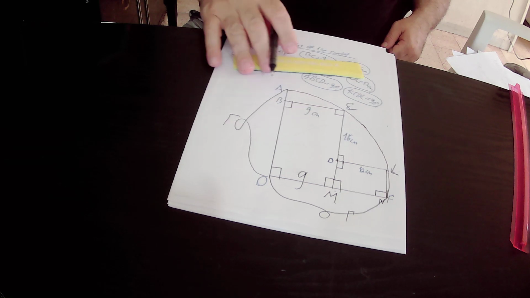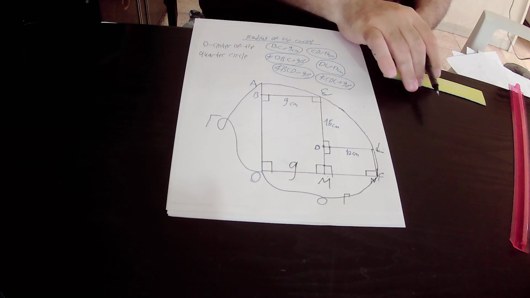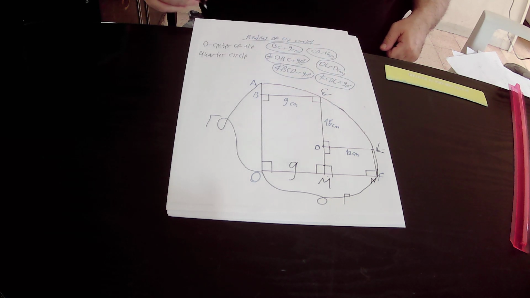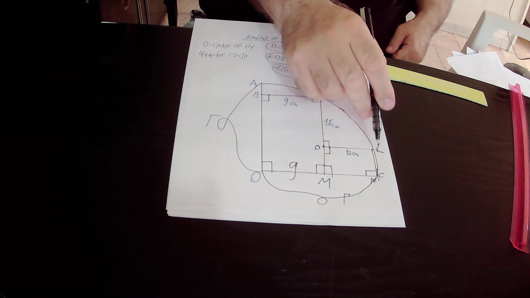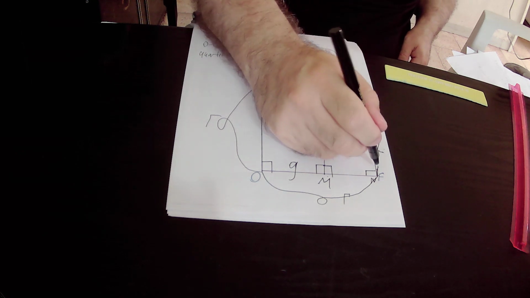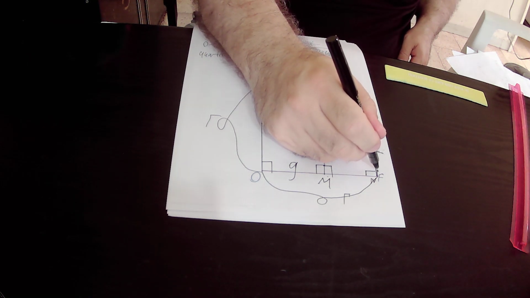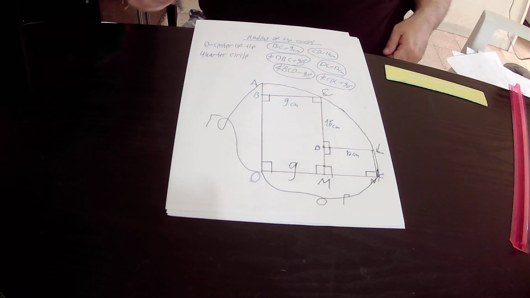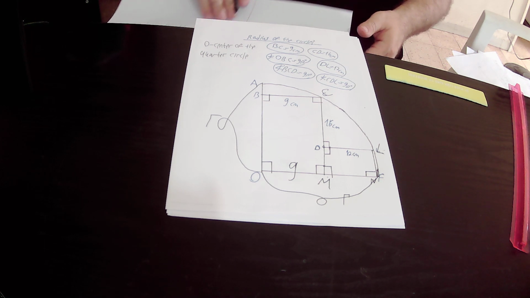So, by doing this construction, we created here quadrilateral LOMN. Inside quadrilateral LOMN, we have 1, 2, 3 right angles. And the sum of 3 right angles is 270 degrees.